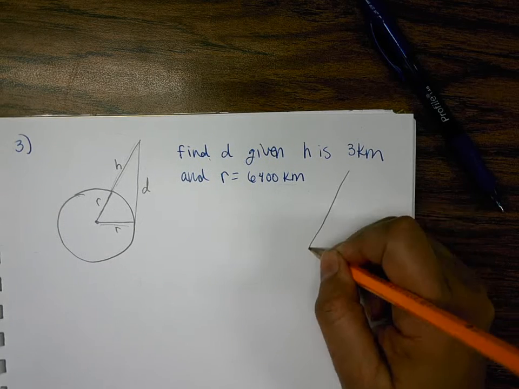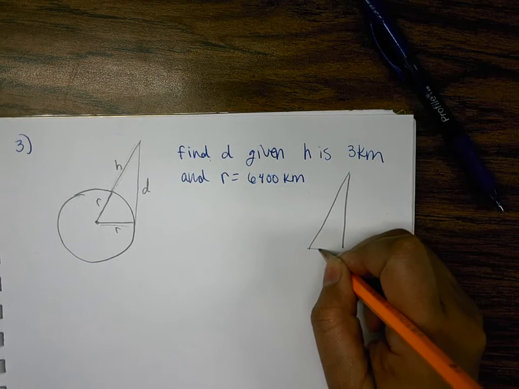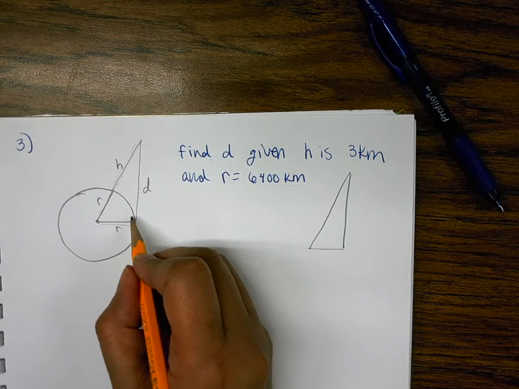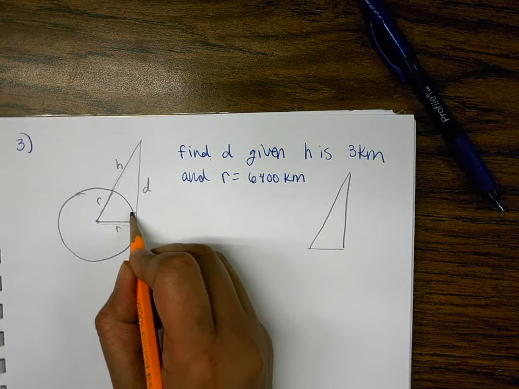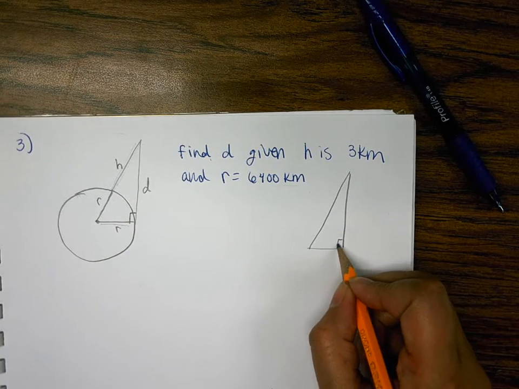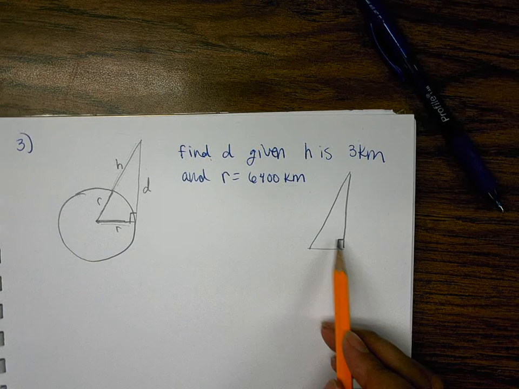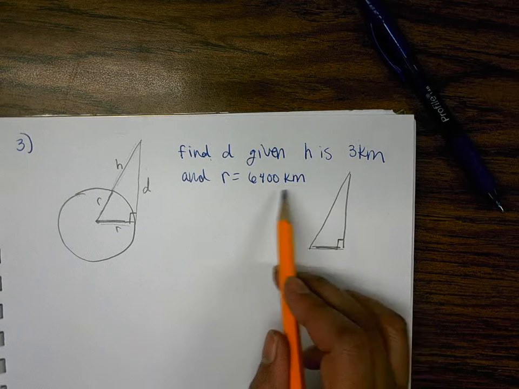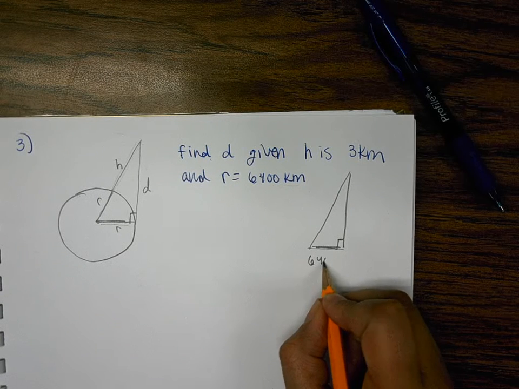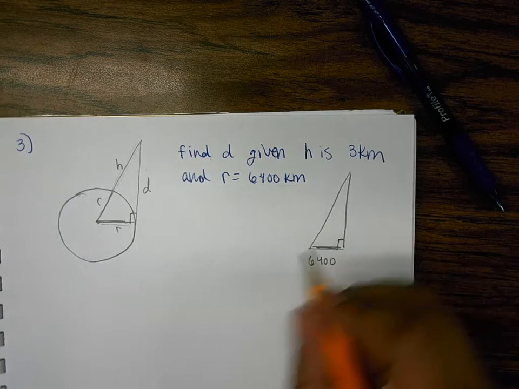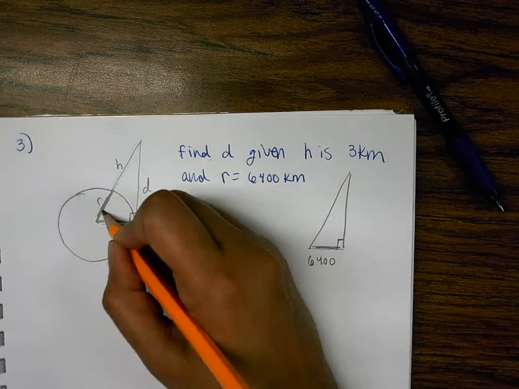All right, so I'm going to redraw that triangle here. We know that because D is tangent, and you assume it is because of what we said earlier, that's 90. This is R, this is R, so that is 6,400. I'm well aware that this is not drawn to scale.